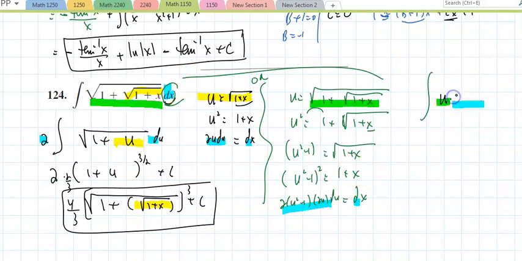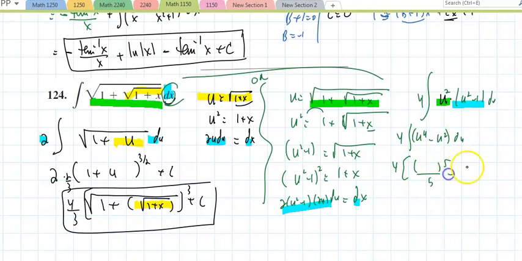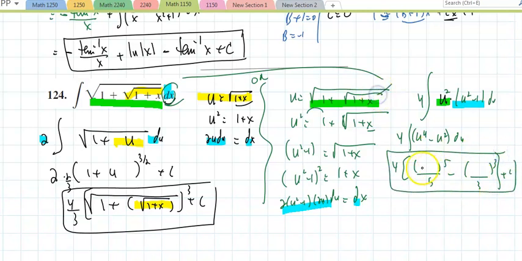So as you see, a 4 up front, not 2, 4 up front. And u times u is u squared into u squared minus 1, right? And that is 4 times u to the 4th minus u squared. That is 4 times u to the 5th over 5 minus u cubed over 3 plus c. And what's u? U is all of that.